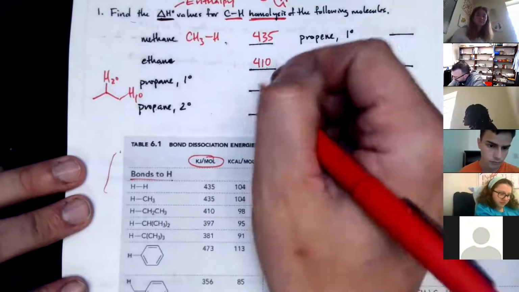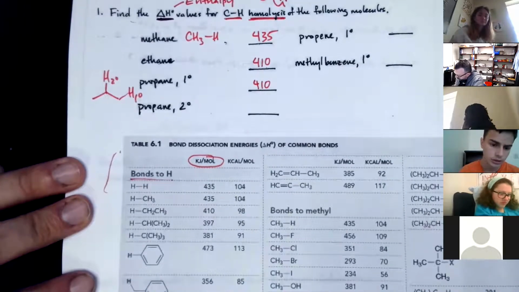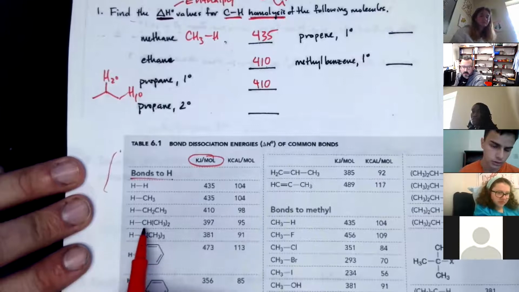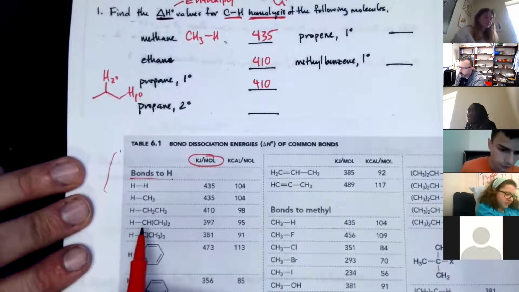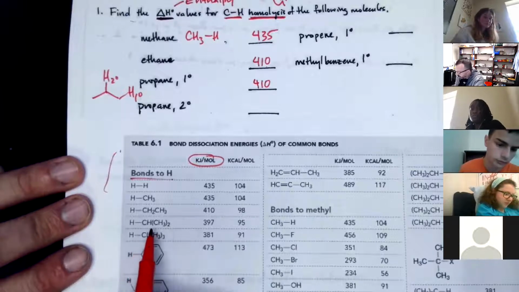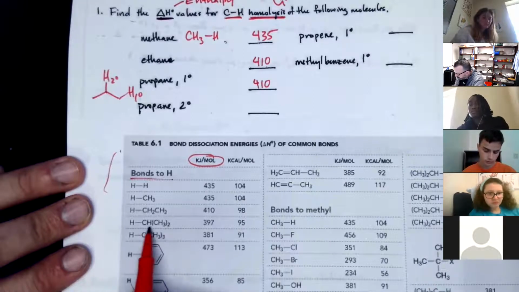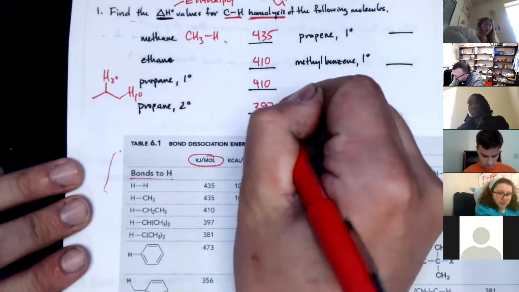So we're going to put 410 there. This next example here, this is the secondary cleavage for propane. Again, you have to get used to how this condensed thing is drawn. This is propane, and what they're showing you is the secondary hydrogen. So this is 397.